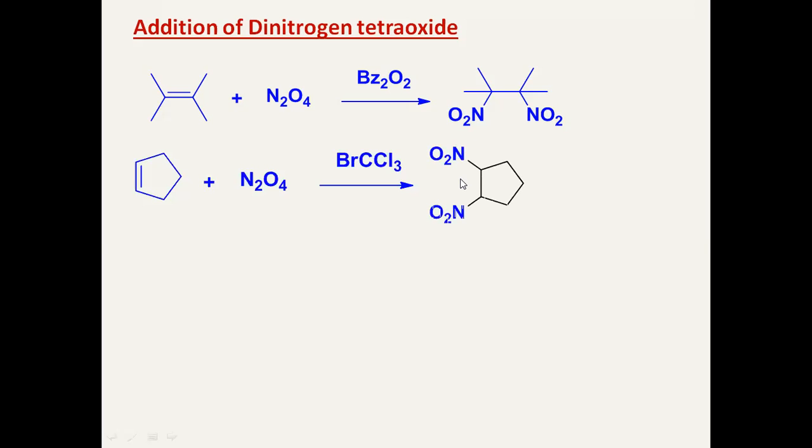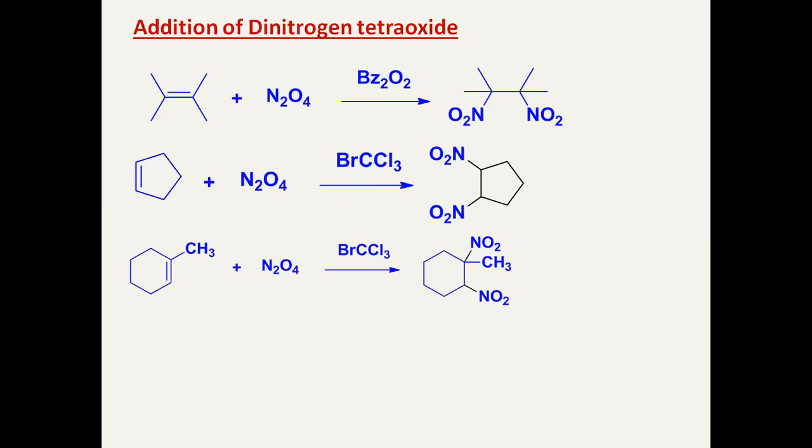Similarly, one more reaction you can see. You can imagine and simulate it. It's again vicinal dinitrocyclopentane that can be discussed. This is an initiator. This is also an initiator. Remember. One more reaction you can have.